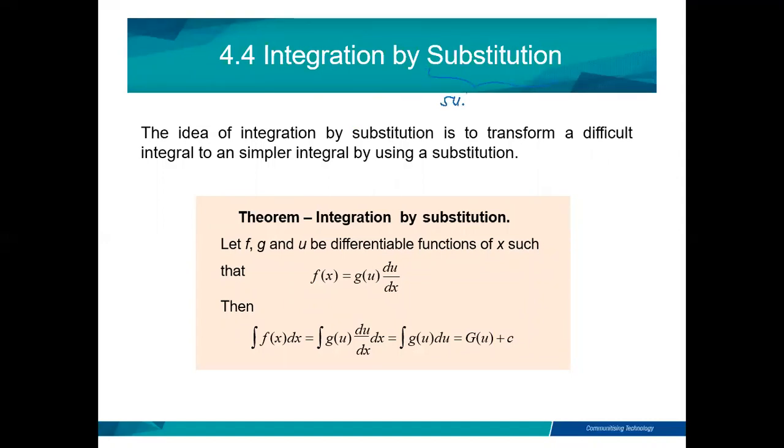Maksudnya, substitute lah. Keyword dia. Alright. So bila substitute you gantikan. So kita akan let, usually we let u equal to one.